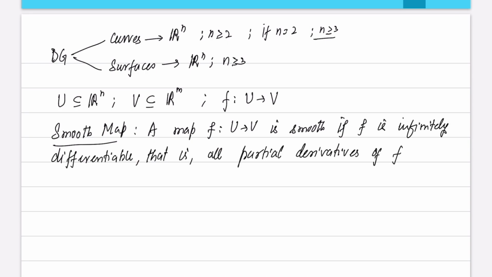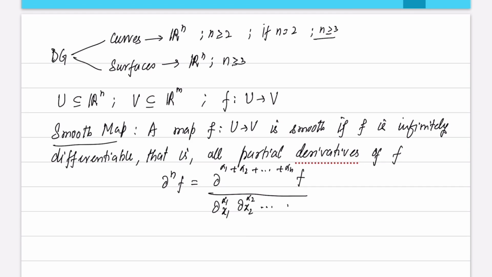That is, all partial derivatives of f, which we shall denote by del alpha f, defined as del to the power alpha 1 plus alpha 2 plus so on plus alpha n of f with respect to del x1, the derivative of order alpha 1, similarly with respect to x2, the derivative of order alpha 2, and so on with respect to xn, the derivative of order alpha n, where we will take alpha as (alpha 1, alpha 2, ..., alpha n).